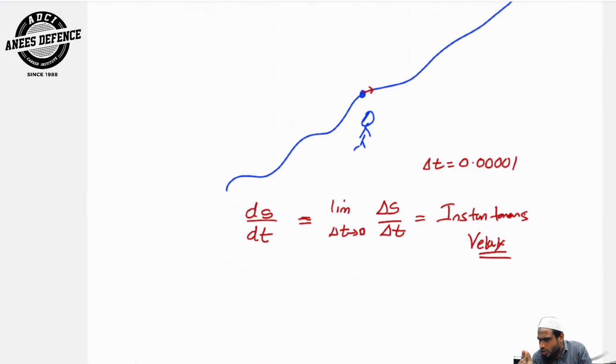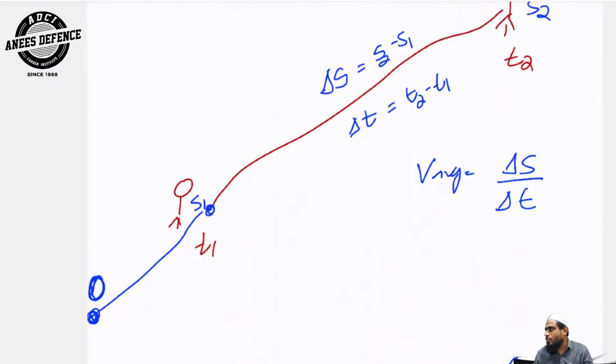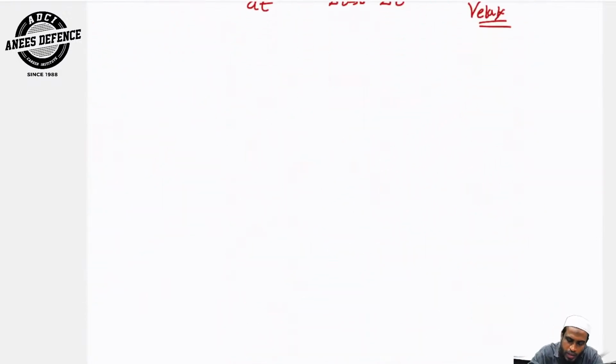In such a small interval of time, what is your rate of change of distance? Change in distance by change in time. Here we are not changing the quantity. Numerator is still distance and denominator is still time. Distance by time is velocity, so this velocity we have to call instantaneous velocity. If you are taking simply delta s by delta t, you have to call it average velocity. Understood?